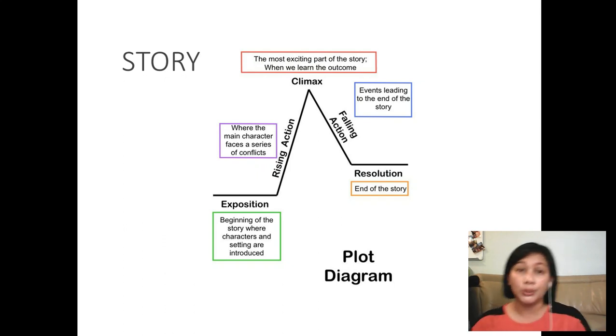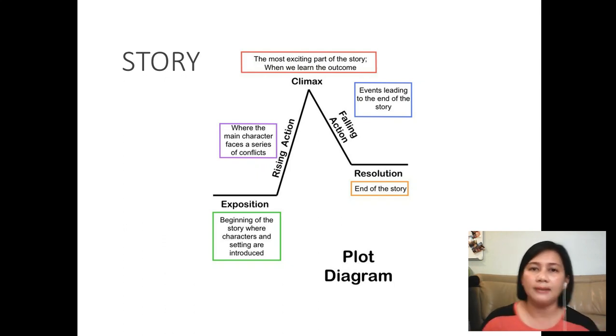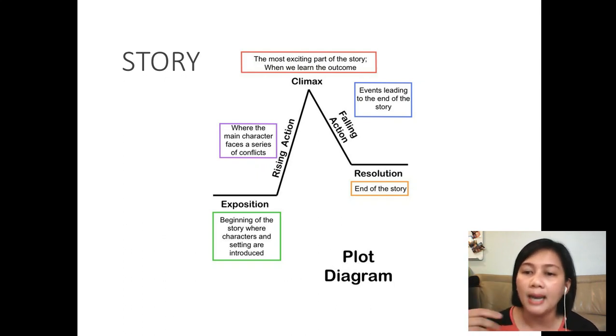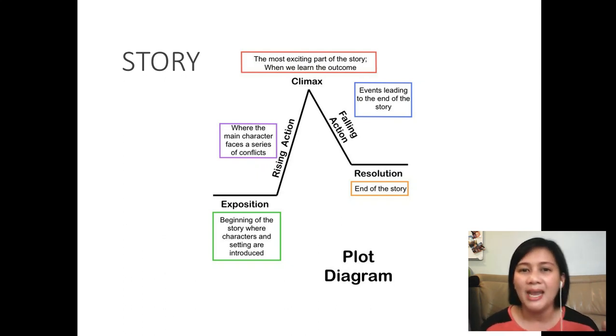And then we go to the climax, the most exciting part of the story, when we learn about the outcome. Apa yang menyebabkan orang tertarik kepada cerita awak adalah bila dia membaca climax cerita awak, because you need to let people have that element of surprise. And then falling action, events leading to the end of the story.